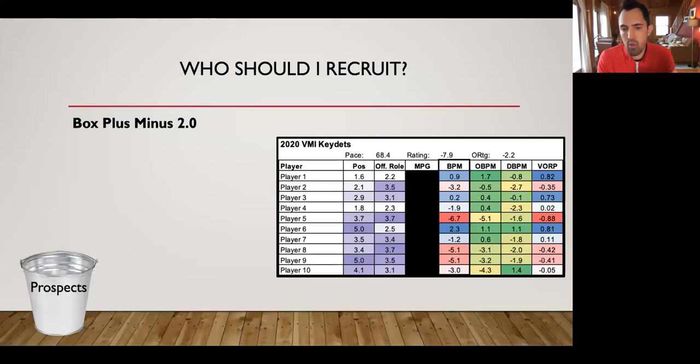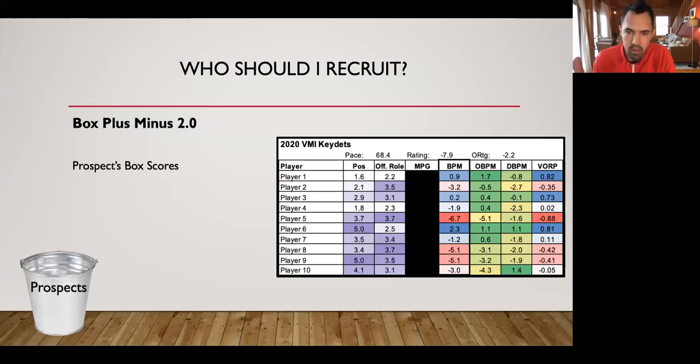It just takes box score stats, and it has been really craftily designed by people way smarter than me who have figured out how to set the parameters to compare players as accurately as possible. It adjusts for things like position or role, the type of player you are, to make sure you're not comparing apples and oranges, but apples and apples.